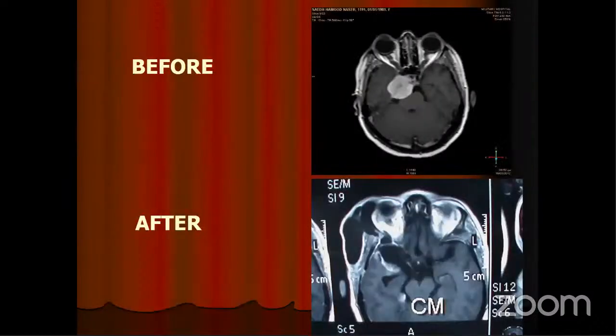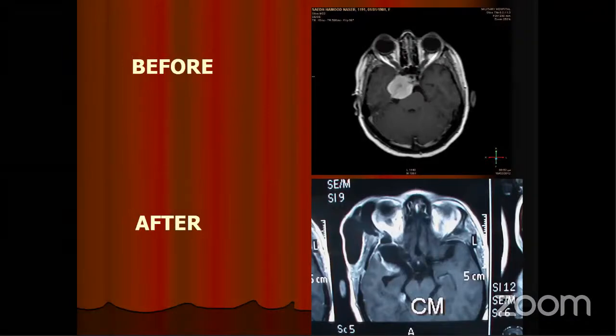Now you can see another anterior skull base tumor which crosses the structures into the brainstem, compressing the brainstem. After surgery, you can see that the carotid and the optic apparatus are completely free from the tumor.